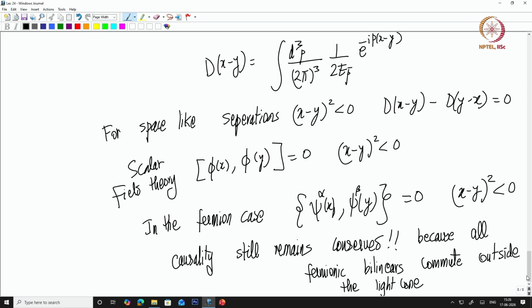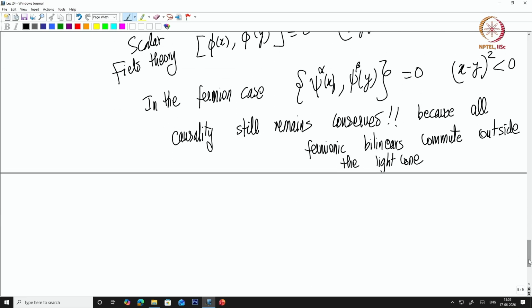That means all the bilinears you can think about, for example psi bar psi at x times psi bar psi at y, vanish outside the light cone.